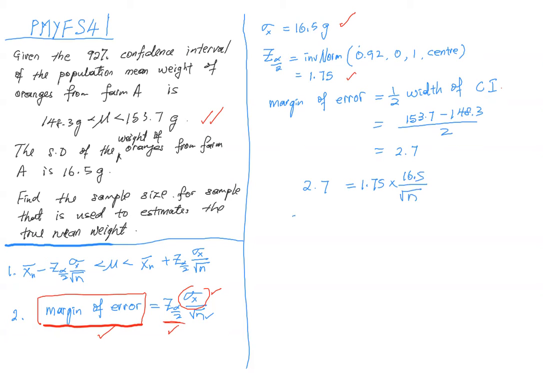Therefore, my square root of n equals 1.75 times 16.5 divided by 2.7. Then my n is equal to 1.75 times 16.5 divided by 2.7, the whole thing squared.